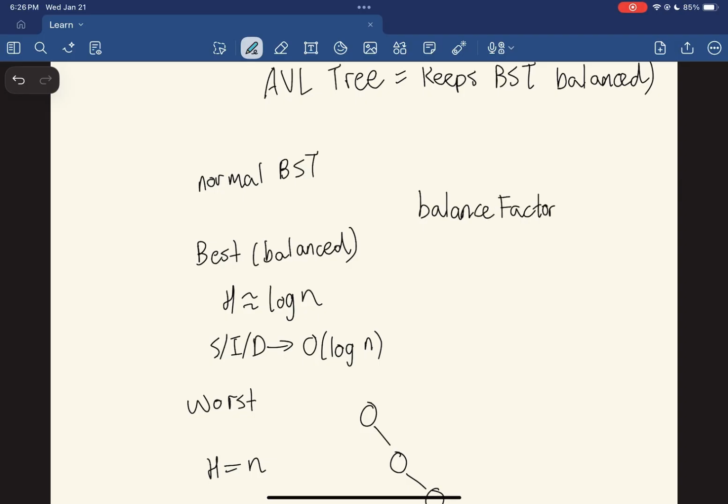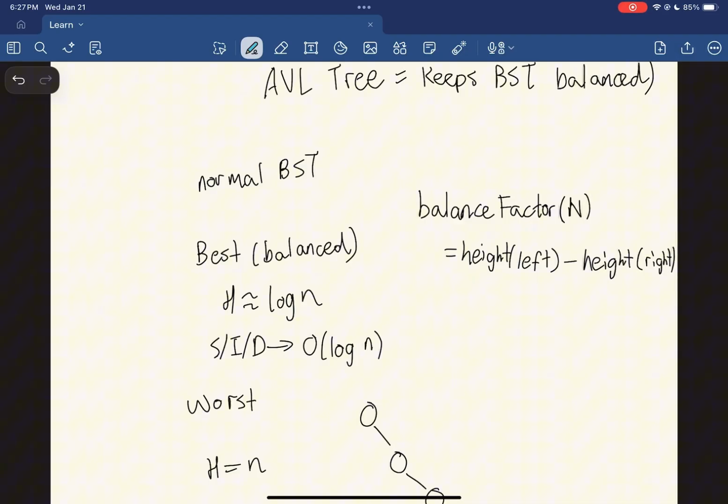For every node n, the balance factor is the height of the left subtree minus the height of the right subtree. There we go.